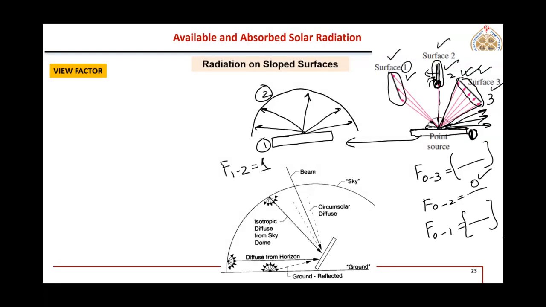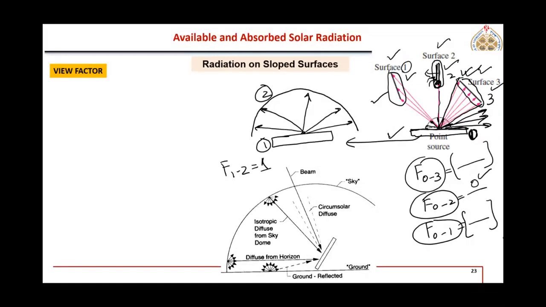So that's how we define view factor, for radiation heat exchange between different surfaces, because that depends upon the orientation of the surfaces with respect to each other. So for that, we have to define this view factor, which is a geometric ratio or geometric quantity.